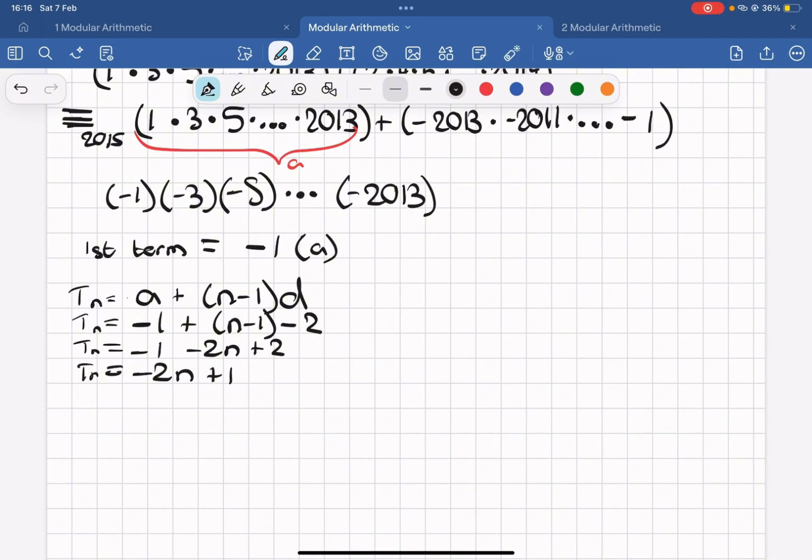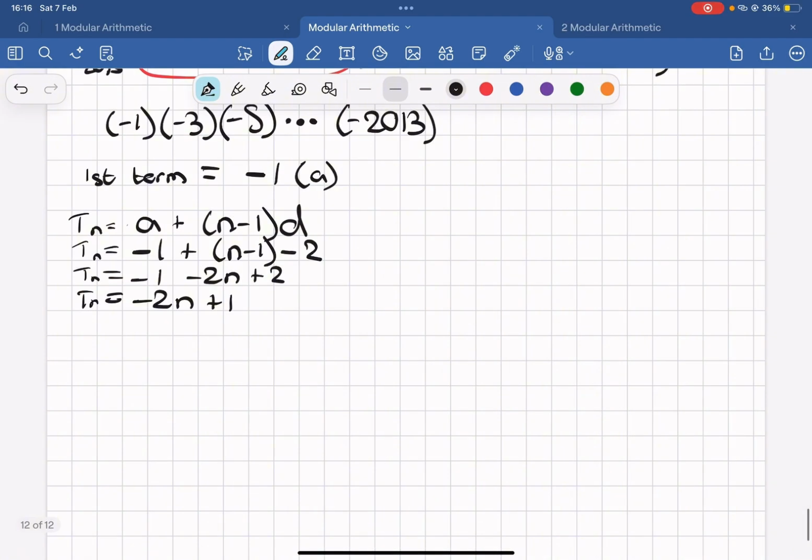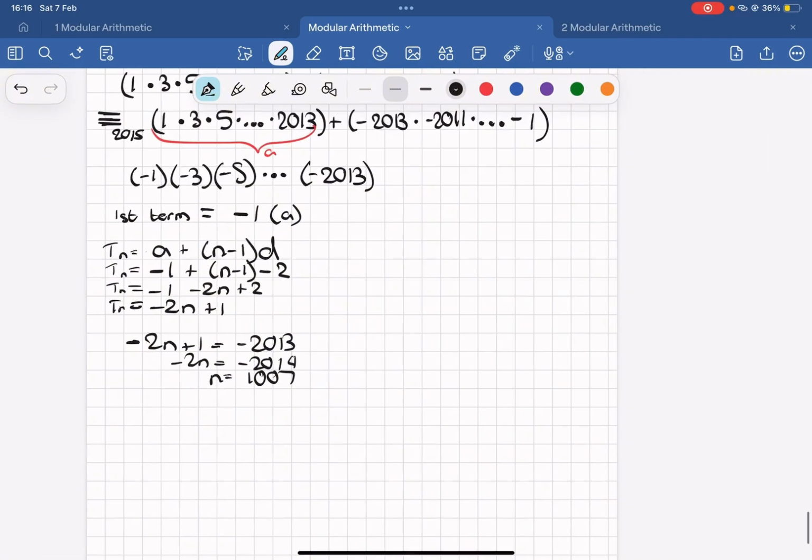So let's check this works. Minus 2n plus 1 when n is 1 is minus 1. When n is 2, minus 3, and so on, checks out. So minus 2n plus 1 equals minus 2013. Minus 2n equals minus 2014. n equals 1007. Nice.